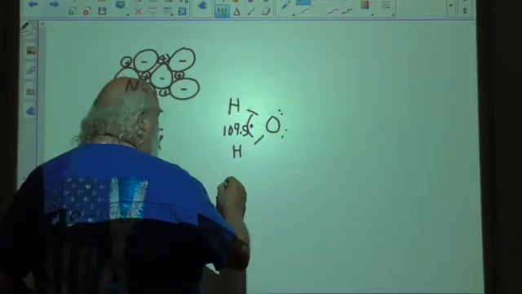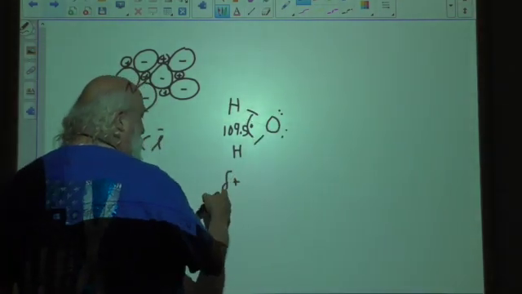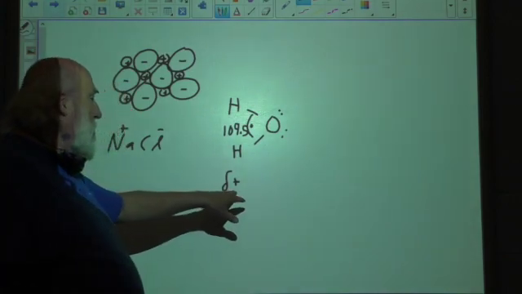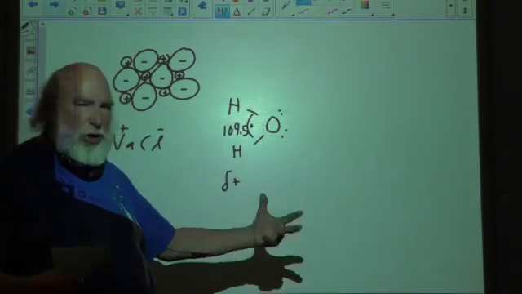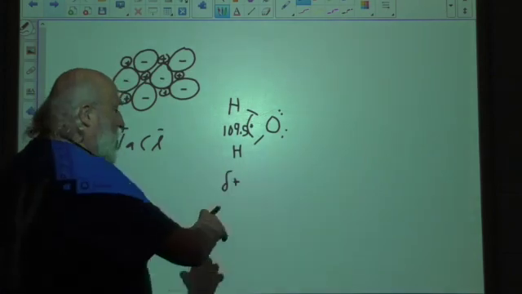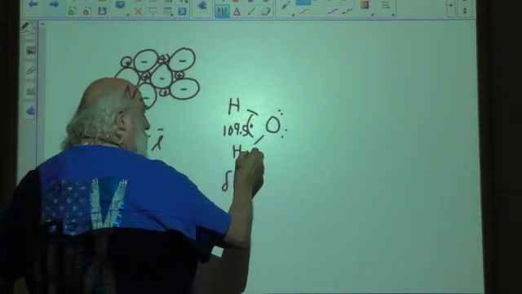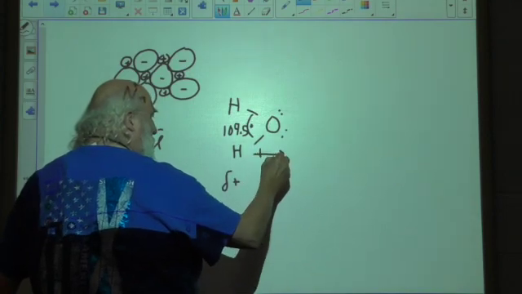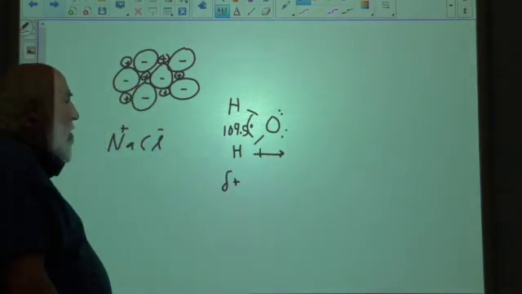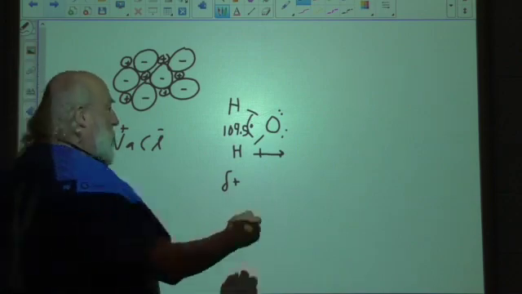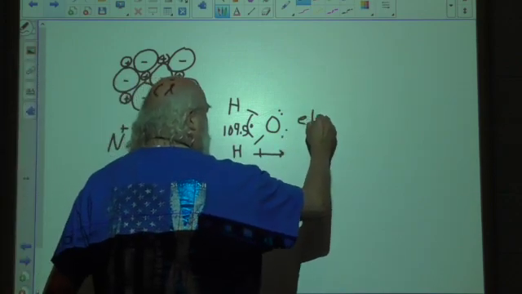So in other words, this side here is positive, and this is a lowercase delta. It means kind of positive, not a true positive charge. But the electrons in the single bonds with the oxygen here go in that direction. We use this symbol to show that the direction of the electrons is towards the oxygen, because the oxygen is electronegative.